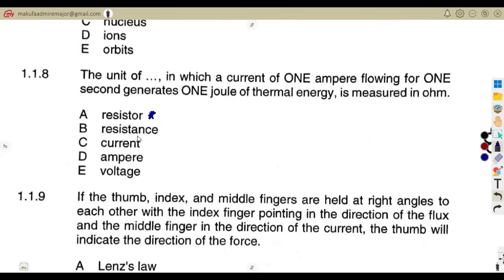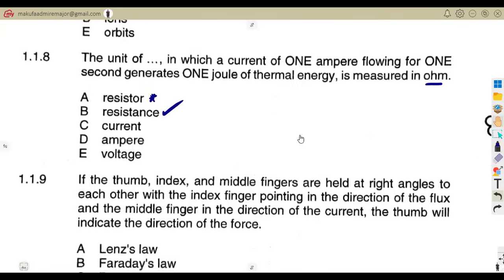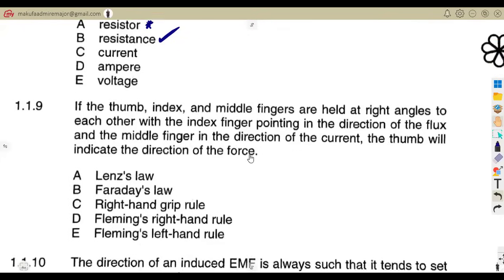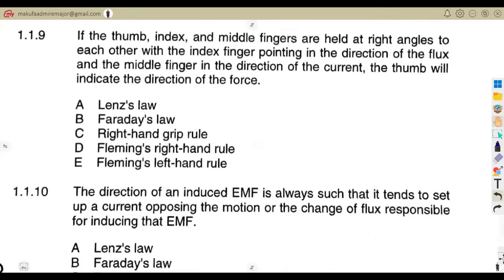A resistor is the component, but its unit, the unit of resistance, what it carries is the resistance, which is measured in ohm. Current is not measured in ohm, it's ampere, and voltage is volts. So the best answer was B, not the unit of a resistor. A resistor is a component, then its resistance is measured.